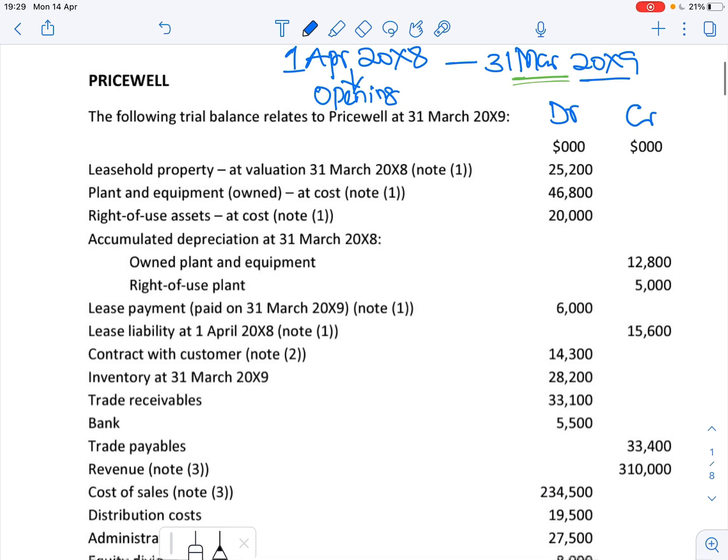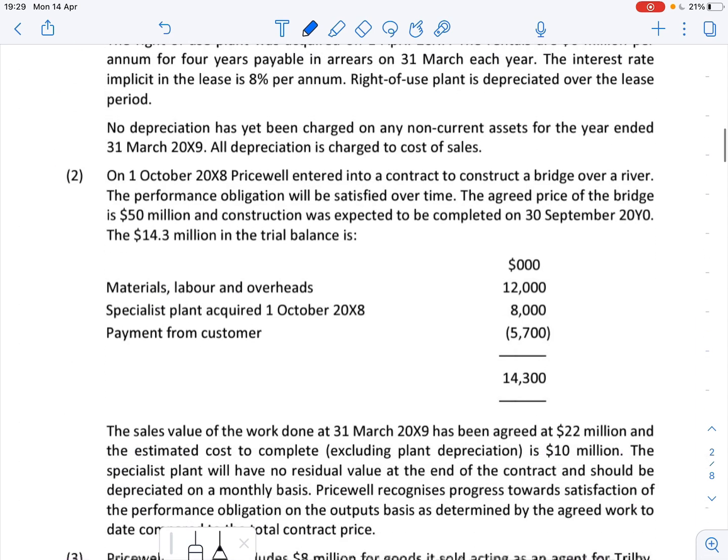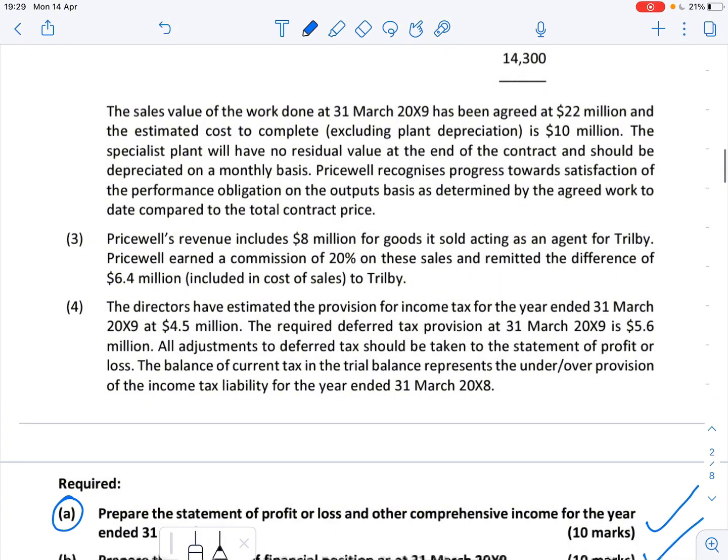Beyond this, we also have the additional information given to us as relevant notes. So we have note 1 that has to do with non-current assets. Note 2, we have this, and this has to do with our knowledge of construction contracts. Good. Note 3 has to do with revenue recognition, and note 4 has to do with our knowledge of taxation.